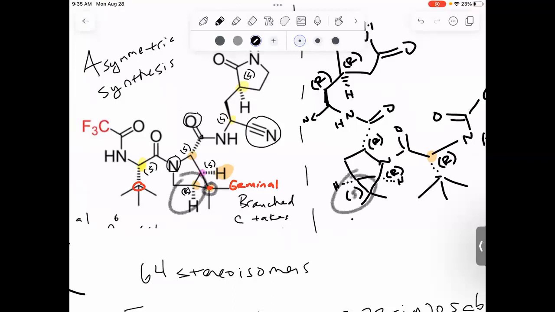So that one should be S. But the point is, for the enantiomer, all of your stereocenters are going to be reversed. All right, we're good with that so far?